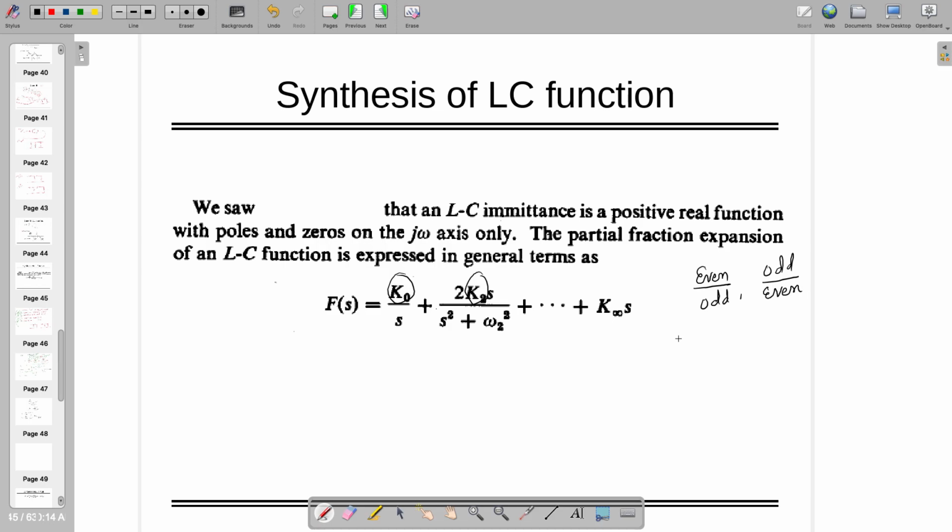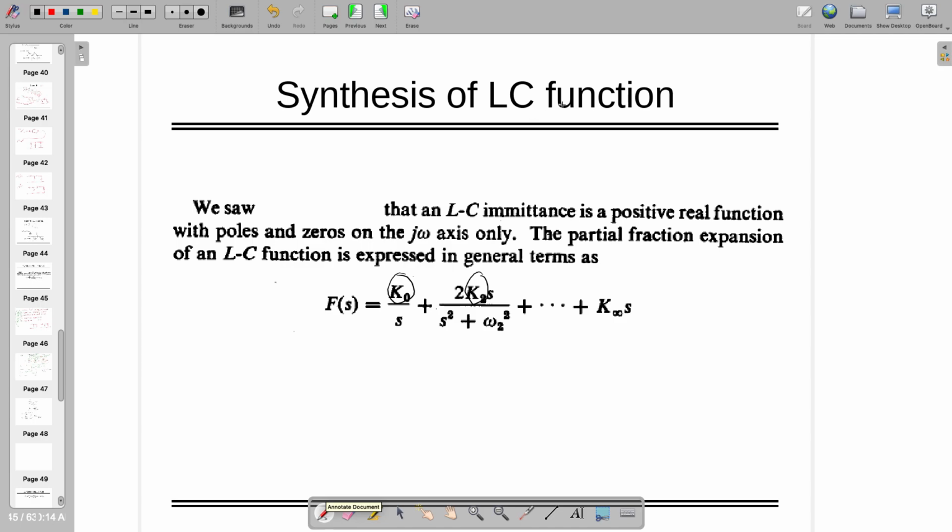If you remember, we derived this by the positive real function technique. Last time we already derived that it has to be even by odd or odd by even, and the poles and zeros are interlaced. If this is the case, then it's an LC function, otherwise it's not, right?